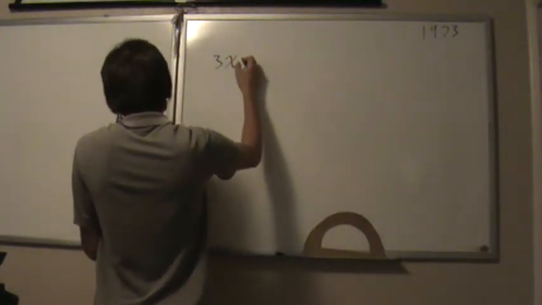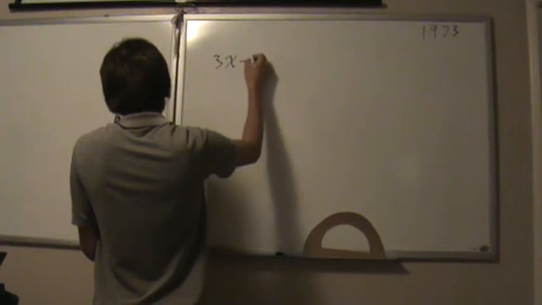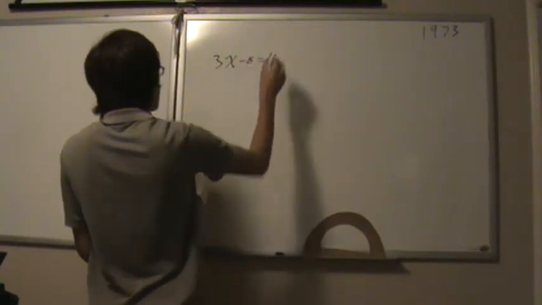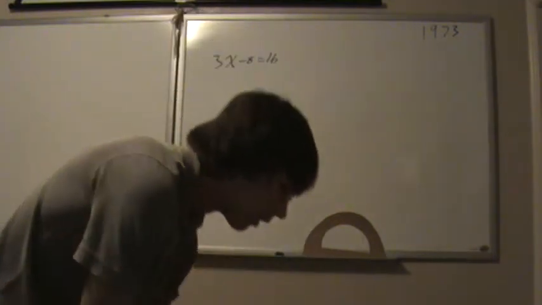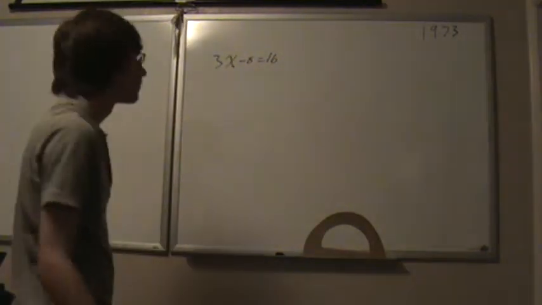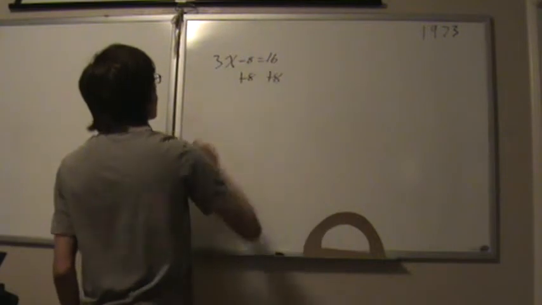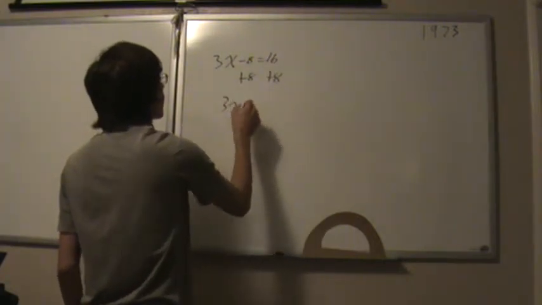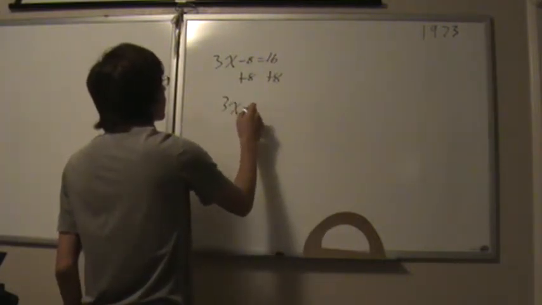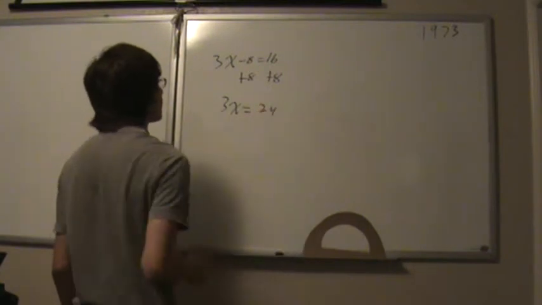3x minus 8 equals 16. Alright, so this will be our last problem. Kind of sad, isn't it? So we add 8. So we get 24.